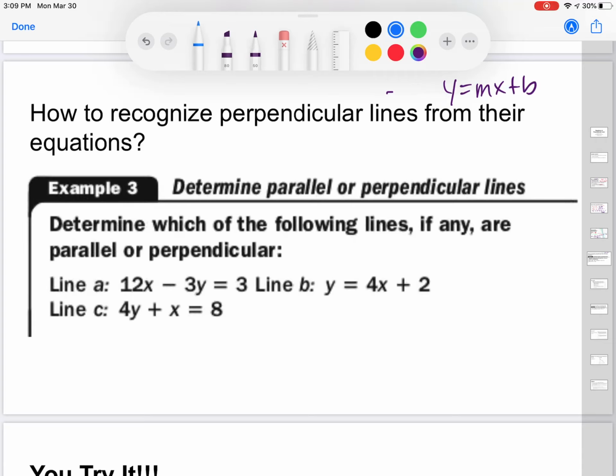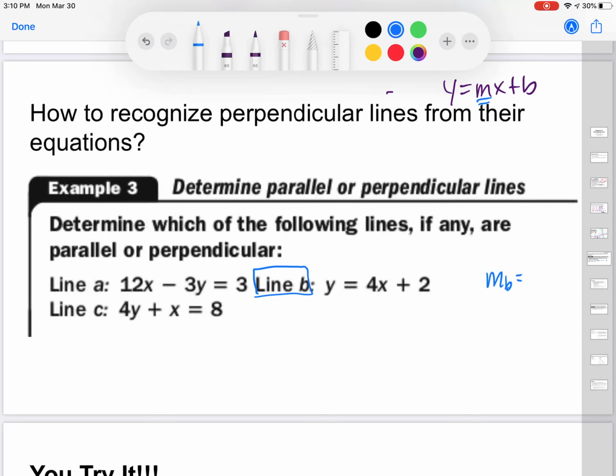So first of all, we're going to notice that on line B, do you see the slope? I'm going to put that in blue. So what is the slope of line B? Do you see it? Remember, it's the number that multiplies x.